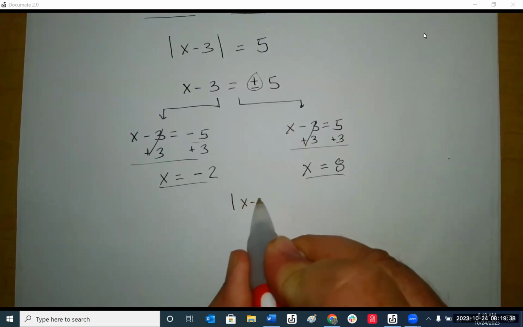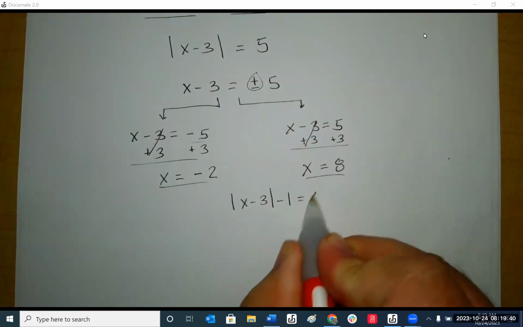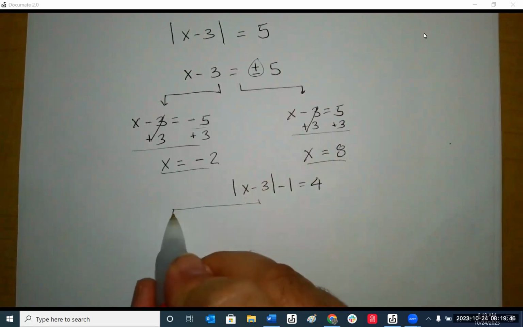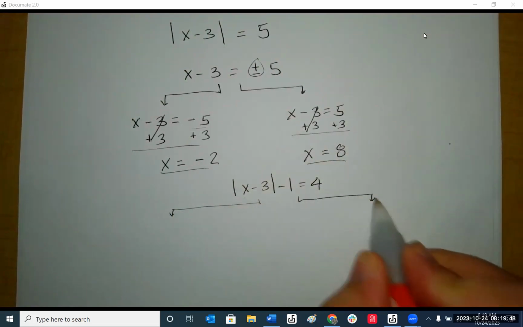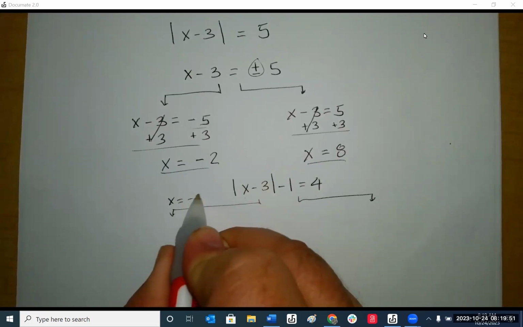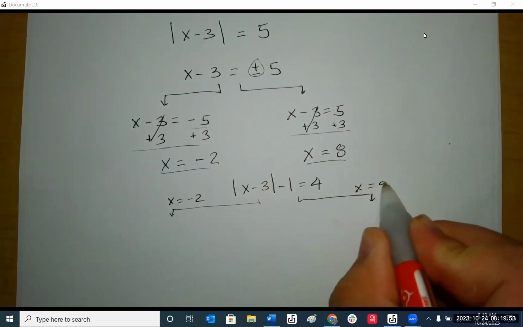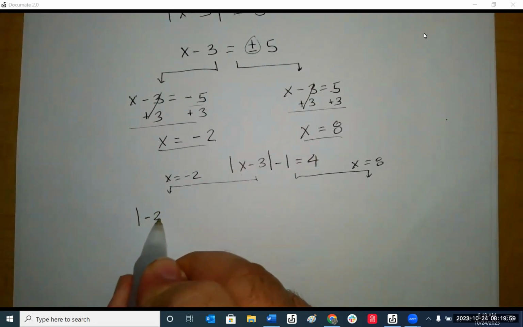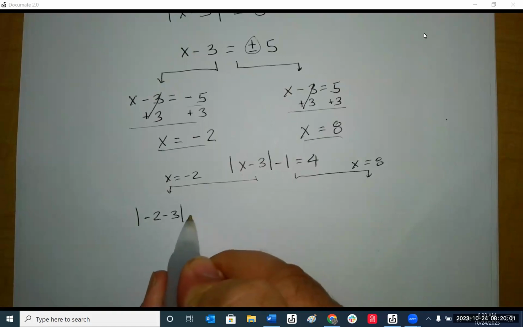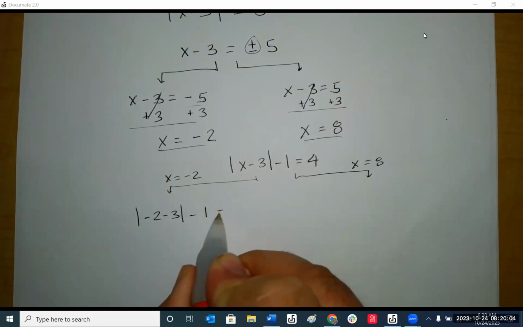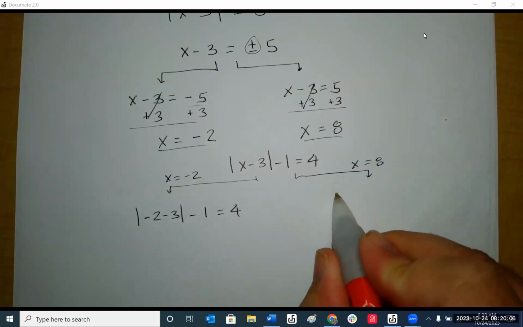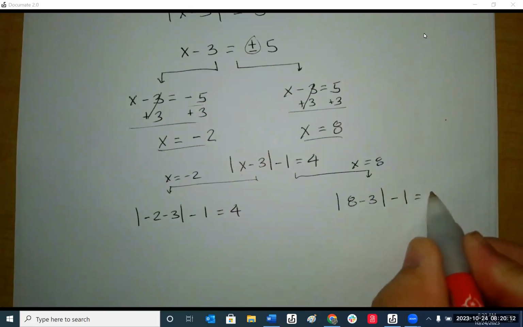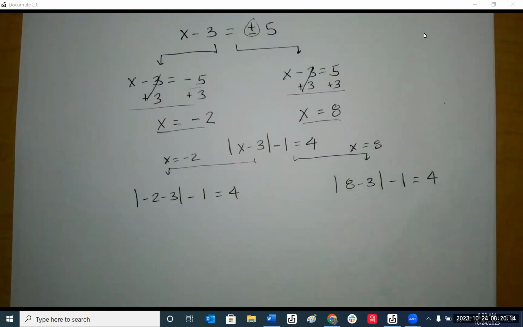We plug them back into the original equation and see if both of these, if we put them in there, equal 4. When x equals negative 2 and x equals 8. Negative 2 minus 3 minus 1. 8 minus 3 minus 1 equals 4.